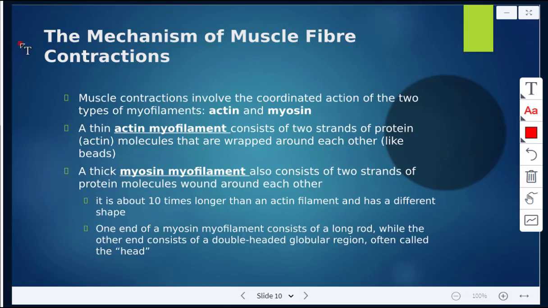So we'll take a look at the mechanism of muscle fiber contractions. Muscle contractions involve the coordinated action of these two types of myofilaments, the actin and the myosin. The thinner actin myofilament consists of two strands of protein called actin that are wrapped around each other, kind of like beads.